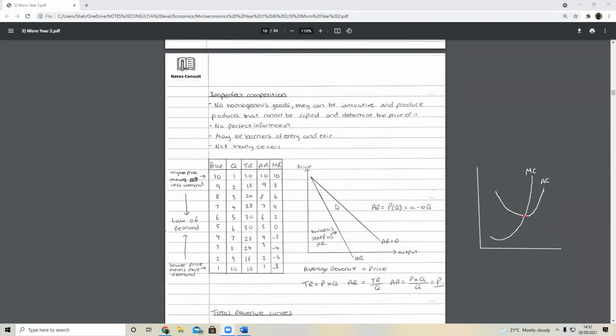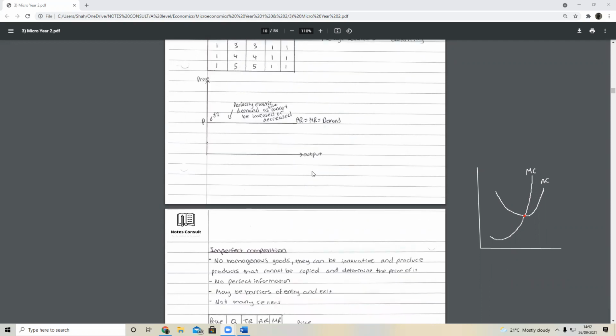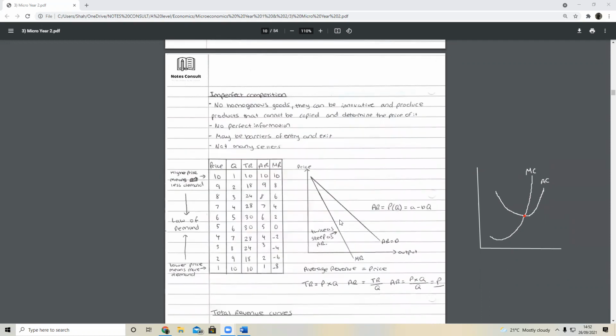This time our average revenue and our marginal revenue do not equal each other like they do in perfect competition, where firms are all the same. They're going to be different, and so we have to draw 2 different revenue curves that look like this.